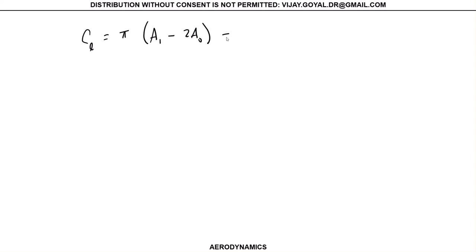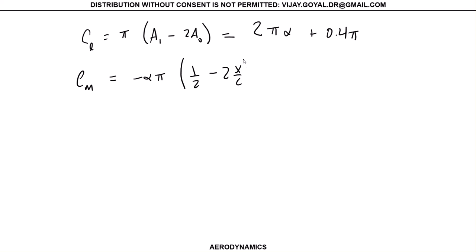So if I replace everything inside here, this gives me the lift coefficient, 2 pi times alpha plus 0.4 times pi. And the pitching moment coefficient is, replacing all the values in there, 1/2 minus 2 a c plus 0.4 x over c minus 1/2.